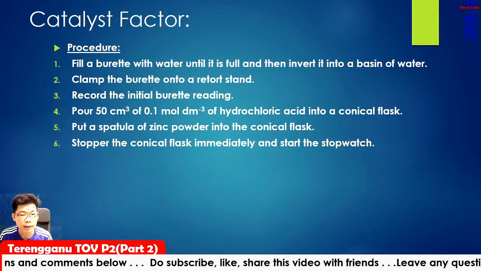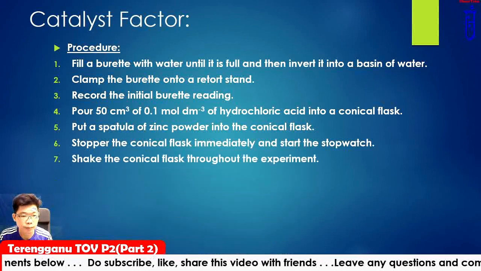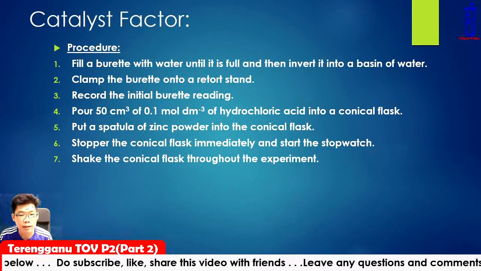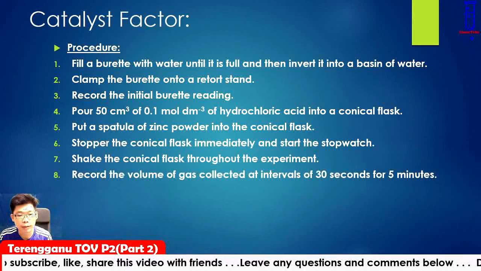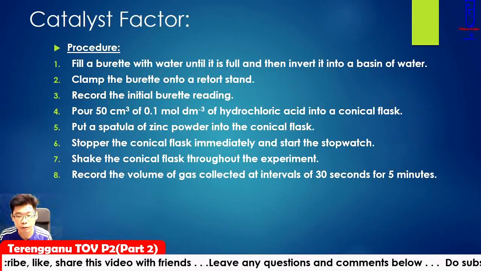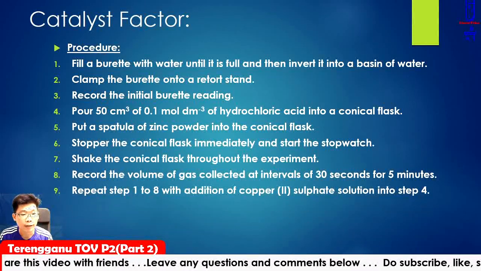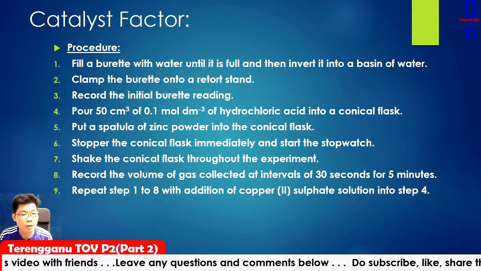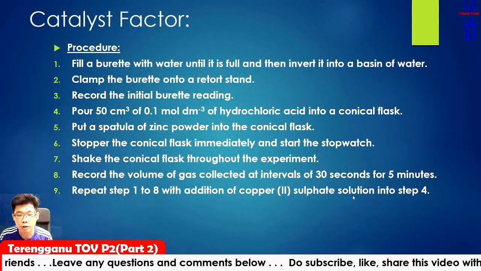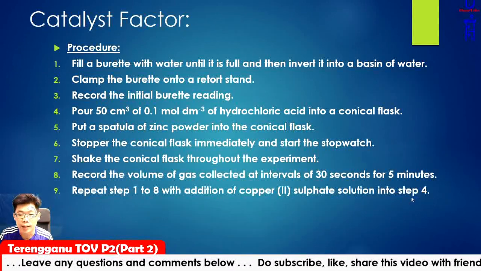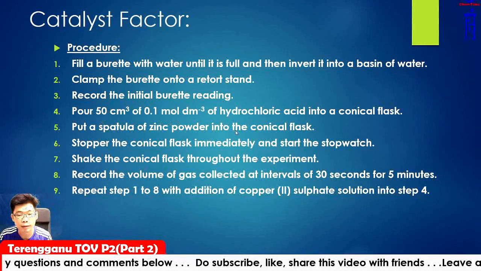Then immediately stopper the conical flask and start the stopwatch. Check the conical flask throughout the experiment and record the volume of gas collected at intervals of 30 seconds for 5 minutes. After that, you need to repeat step 1 to step 8 with addition of copper(II) sulfate solution as a catalyst, especially into step number 4, together with the hydrochloric acid.